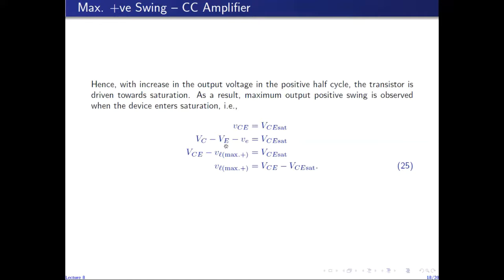So capital VE plus small VE is the total emitter voltage. So VC minus VE is VCE, and like I said, the small signal AC component of the emitter voltage is equal to the load voltage, which under this condition is denoted by VL max positive. So VL max positive is given by this expression. This is the same expression as we have obtained for the other configurations, except that we don't have any negative sign now.